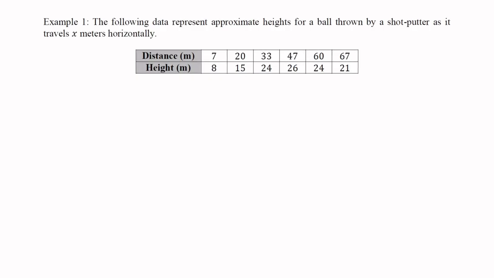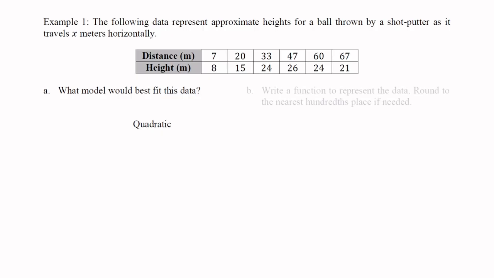So let's take a look at an example. The following data represent approximate heights for a ball thrown by a shot putter as it travels x meters horizontally. So you're going to take this table of data and put it into Desmos, and figure out which model would best fit this data. And in this case, you're going to find that a quadratic best fits this data.